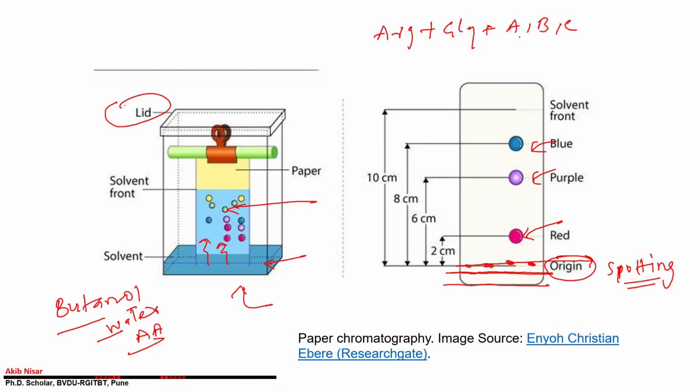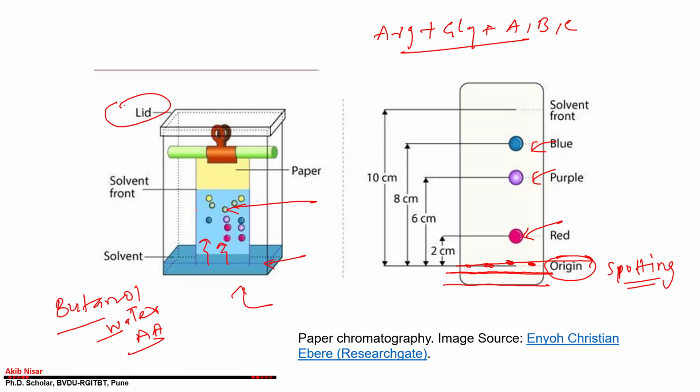They are going to separate on the basis of their affinity towards the paper, that is, cellulose as well. Finally, you will observe the differences in the affinity, and you will observe that the solutes have been separated. And finally, you can take the paper out.